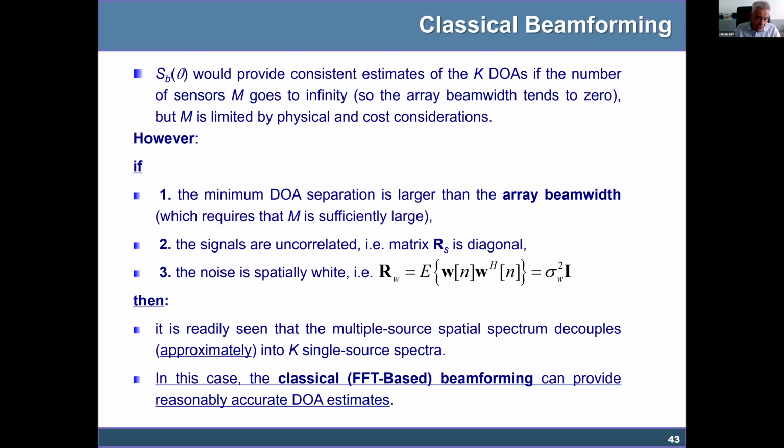Second assumption that makes the estimate good is that the signals are uncorrelated. So R_S is diagonal. If they are correlated, the situation gets worse. And the third assumption is that the noise is spatially white.